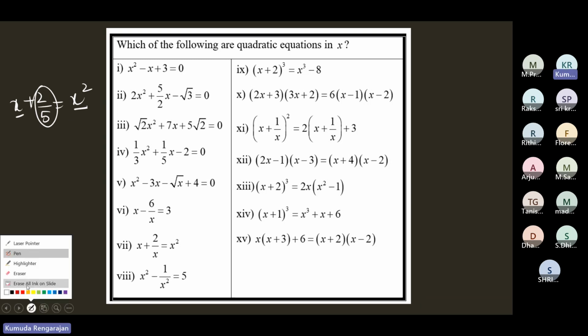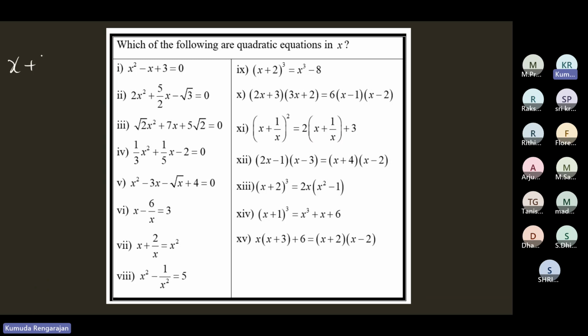But what we have here is x plus 2 by x is equal to x squared. So let's simplify this. X is the common denominator. So x squared plus 2 is equal to x squared, correct?